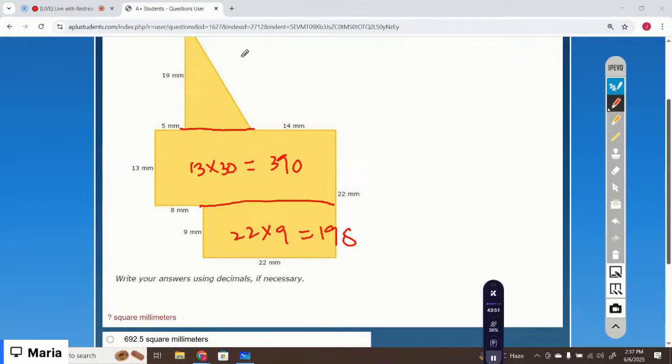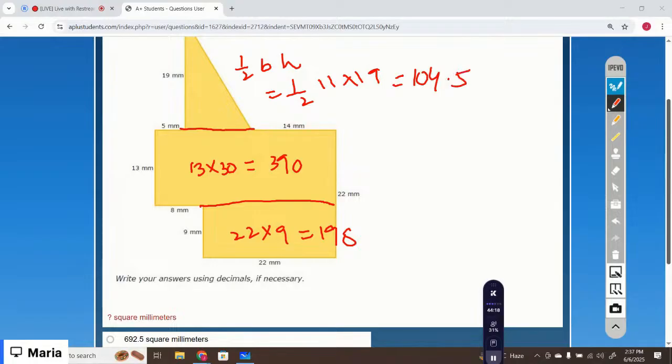The area of the triangle is half times base times height, that is half times 11 times 19. So 11 times 19 is 209, divided by 2 is 104.5.